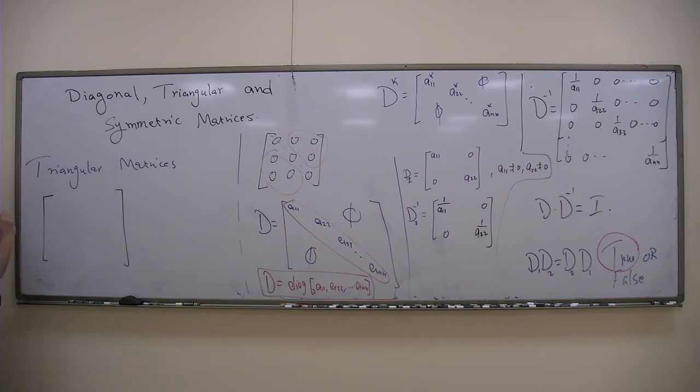Here is a square matrix, here is this part of the matrix, and here you have whatever. And here you have zeros.